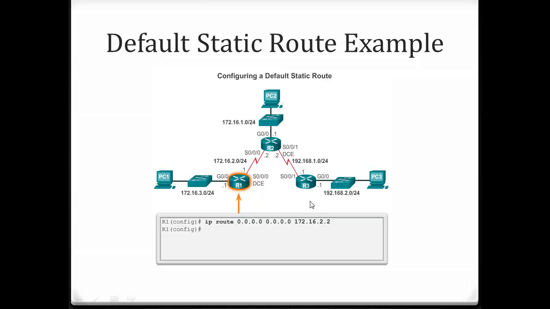Also, any network that's not in this topology would also meet this default route. So if R1 got a packet for the 10.10.10.0 network, it would also meet this criteria, and that packet would then get sent up to R2, and we would see if R2 could deliver that packet that's destined for the 10.10.10.0 network.